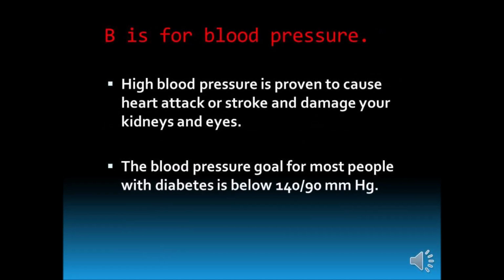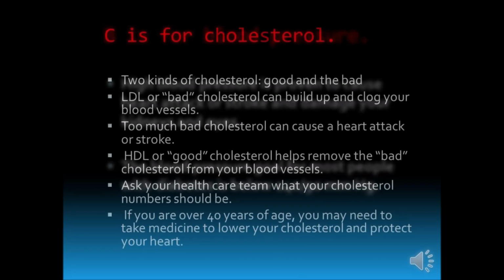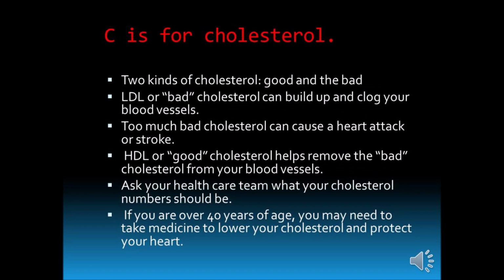B stands for blood pressure. High blood pressure is proven to cause heart attack or stroke and damage your kidneys and eyes. The blood pressure goal for most people with diabetes is below 140 by 90 millimeters of mercury. C stands for cholesterol. There are two kinds of cholesterol, the good and the bad.